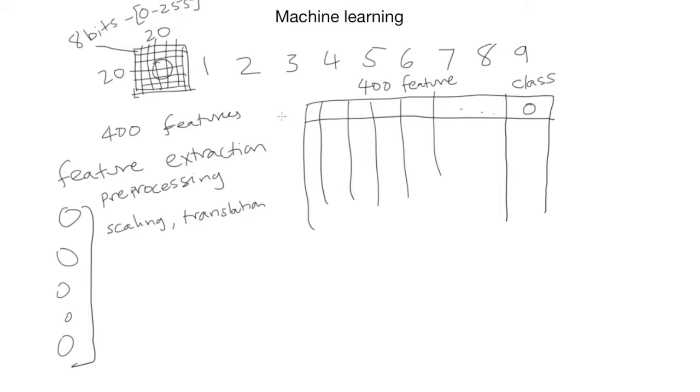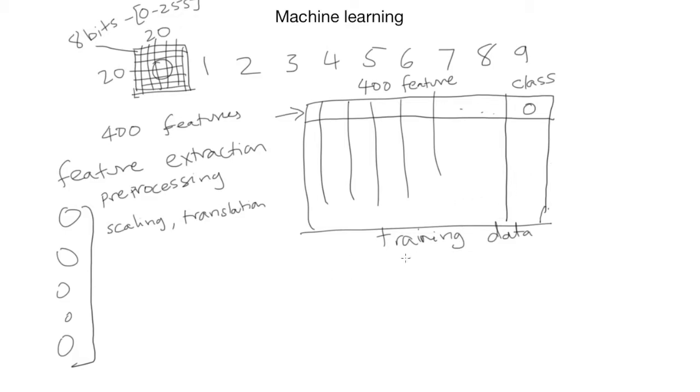So each line in this table that you see is called a training instance, and this is the class label. This in itself is called the training data. The idea here is for the machine to be able to learn the pattern from the training data such that it's able to recognize the digits. Given an unknown vector, it should be able to recognize the digit.